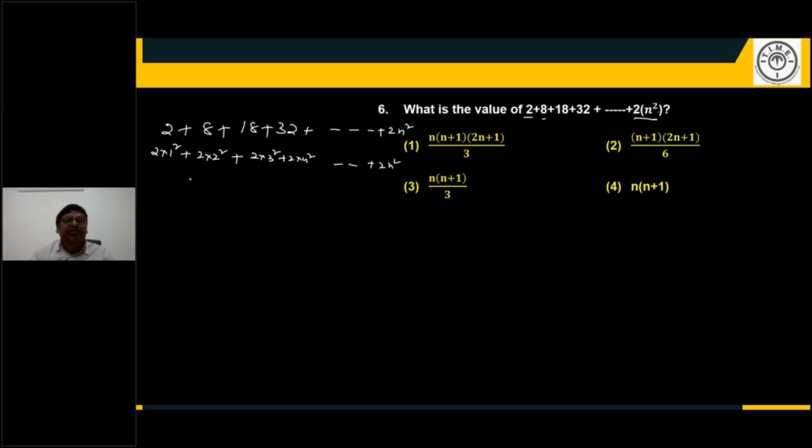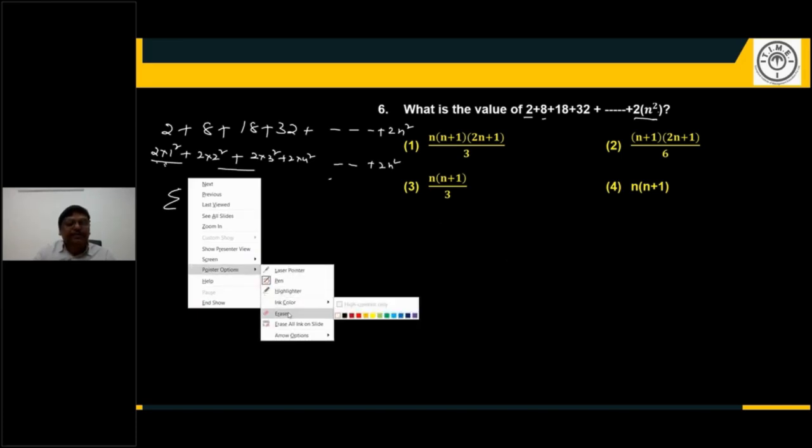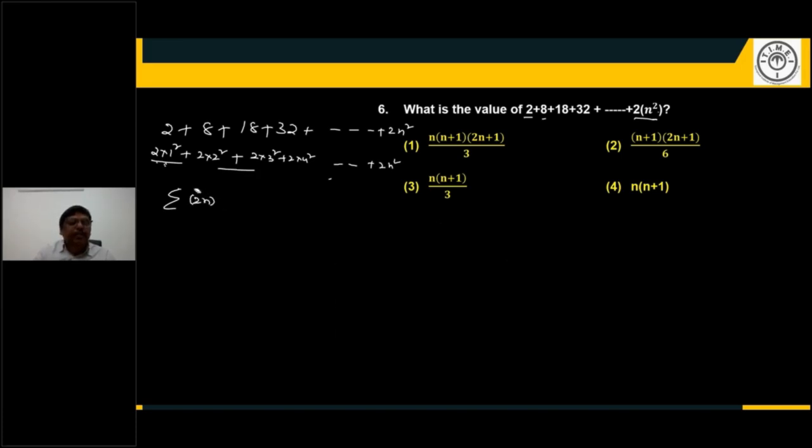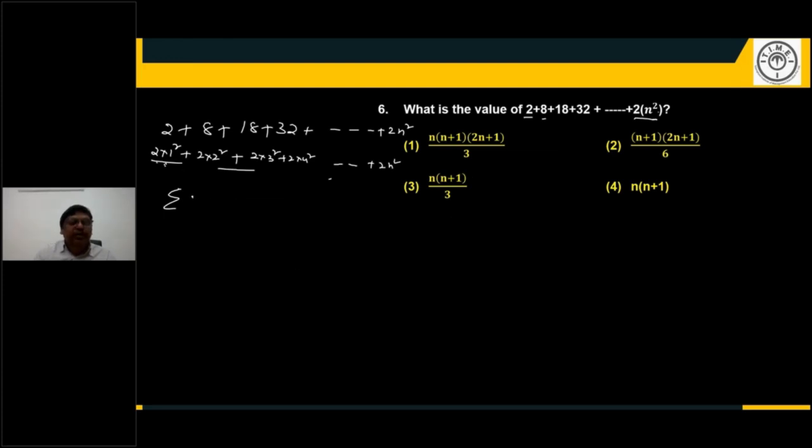It is nothing but the sum, sigma. Sigma means sum of n numbers, where each term is in the form of 2 into n square, where n value will be from 1 to n.